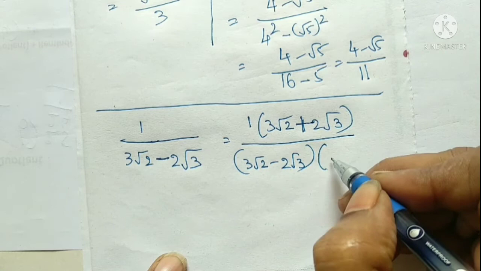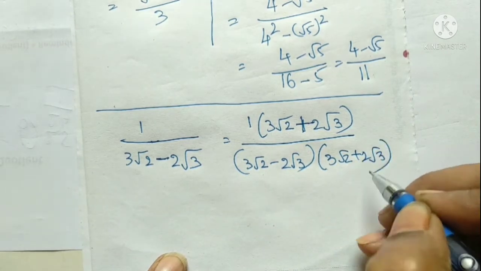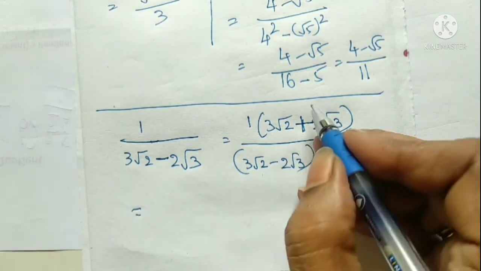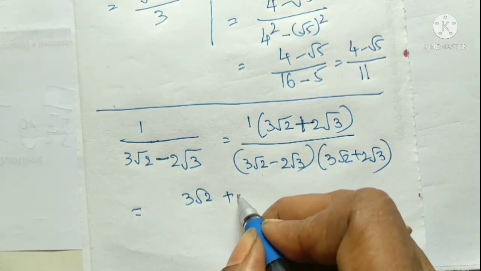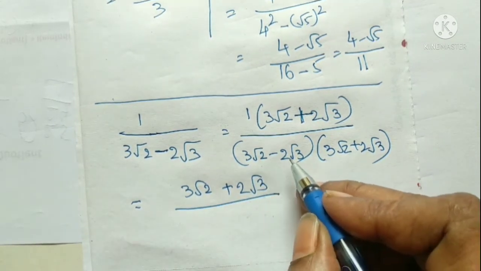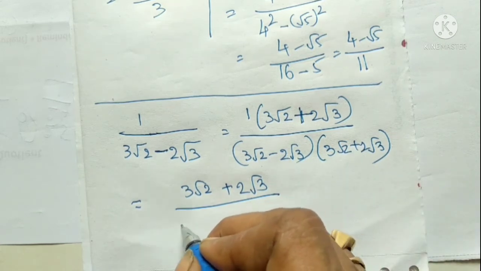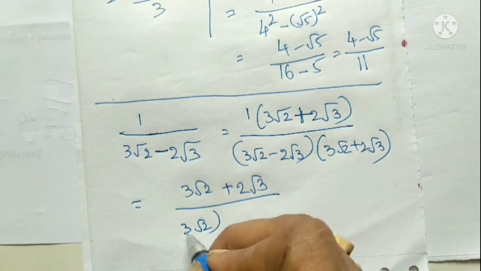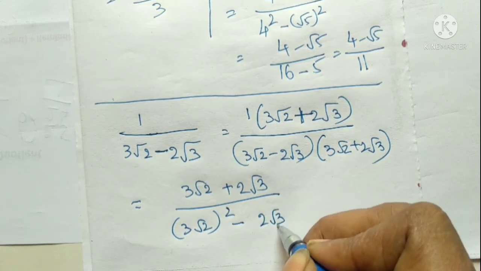Now the numerator is 3 root 2 plus 2 root 3, and again the denominator is a minus b into a plus b, which is a square minus b square. So 3 root 2 square minus 2 root 3 square.